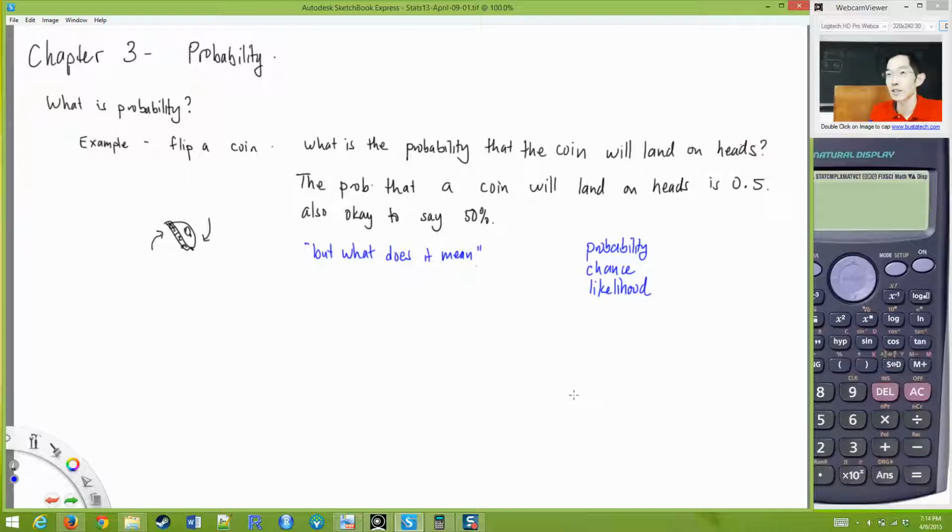So you're not going to have half the time of one coin flip. And if I flipped it 10 times, will it necessarily land heads 5 times and tails 5 times? No, that's certainly possible, but it's certainly also possible for the coin to land heads 4 times and tails 6 times.